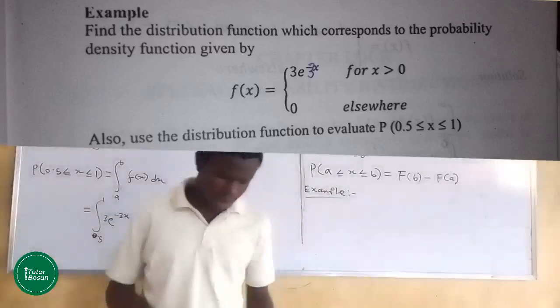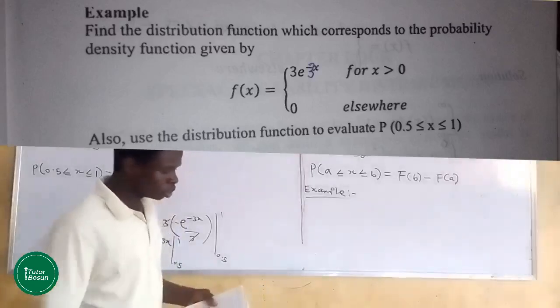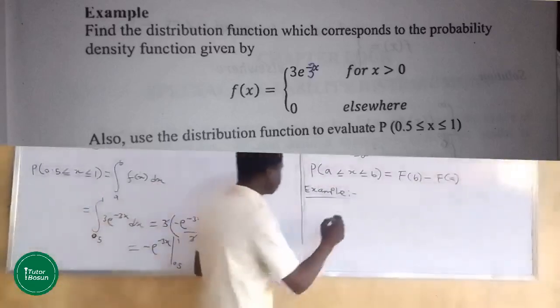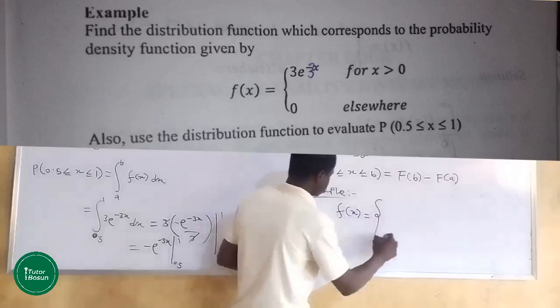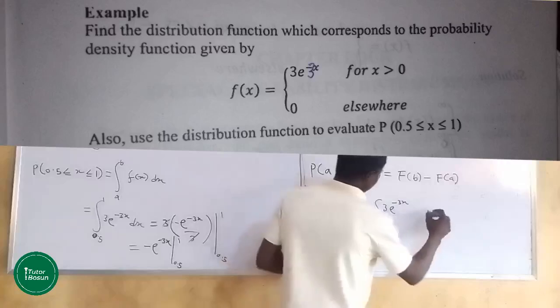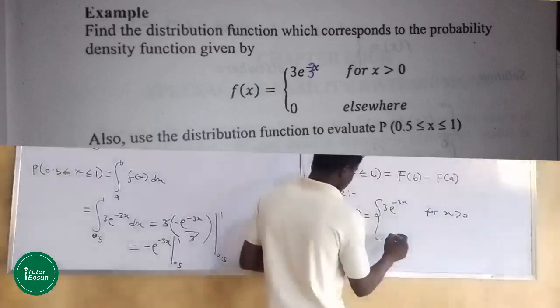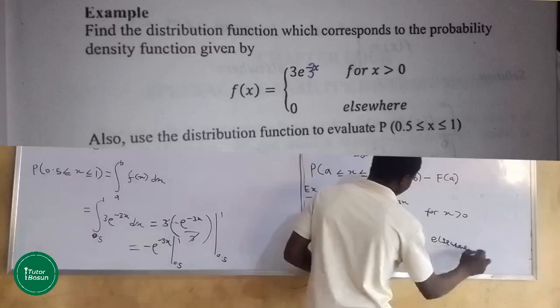The example says: find the distributive function which corresponds to the probability density function given by f of x equals 3 exponential minus 3x for x greater than 0, then 0 elsewhere.